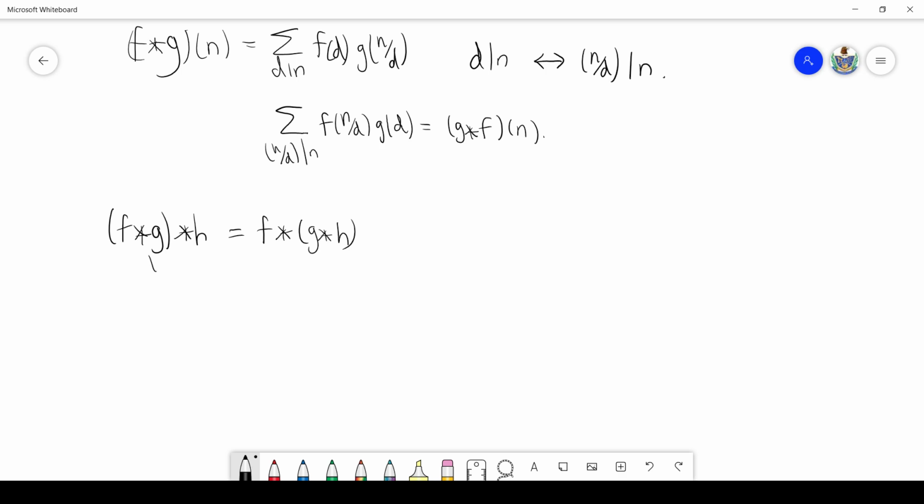So if we write this down, here we have d sum over divisors of n, and then on the inside we're going to have a sum over the divisors of d, so I'll call that a dividing d, so f of a, g of d over a, and then this is multiplied by h of n over d.